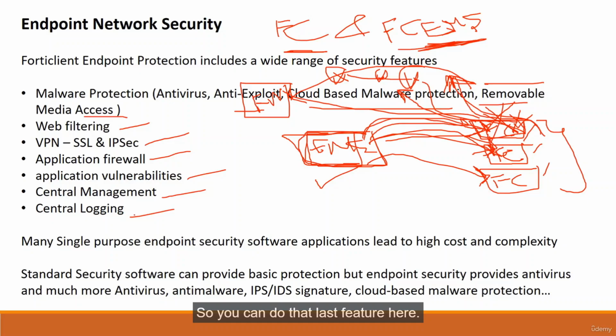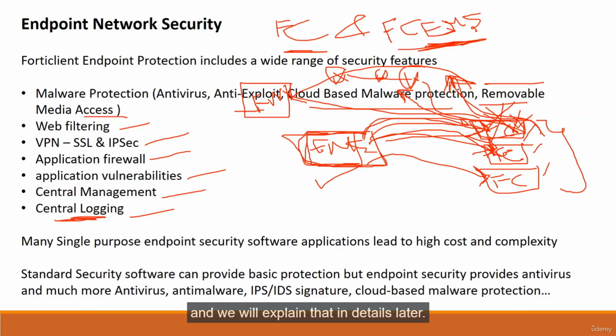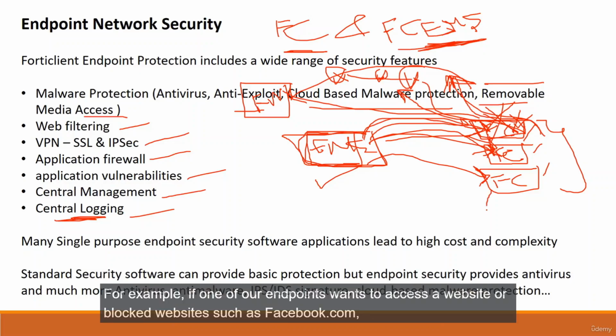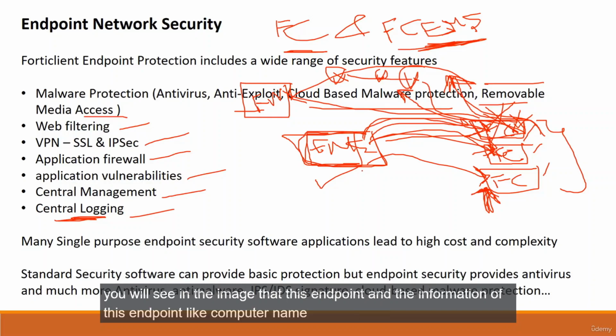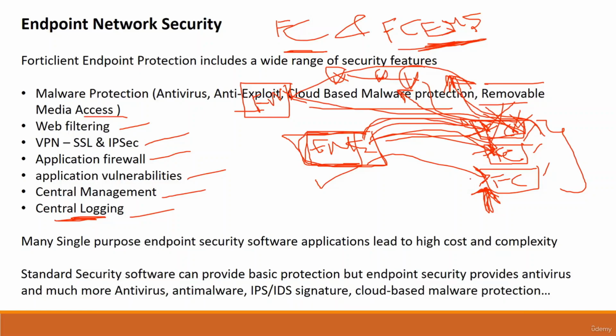One of the features, not the last, is central logging, which is very important here, and we will explain it in detail later. But for now, we'll give you some examples. For example, if one of our endpoints tries to access a blocked website such as facebook.com, you will see in the EMS this endpoint's information, like the computer name, IP address, and the time this endpoint tried to access this website and was blocked.